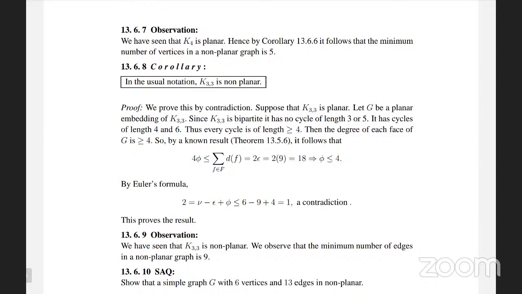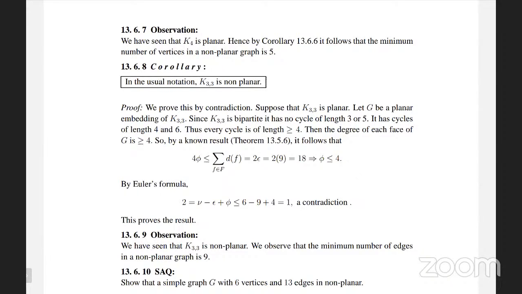Let G be a planar embedding of K3,3. Since K3,3 is bipartite, it has no cycle of length 3 or 5. So if every cycle is of length greater than or equal to 4, then the degree of each face of G is greater than or equal to 4.